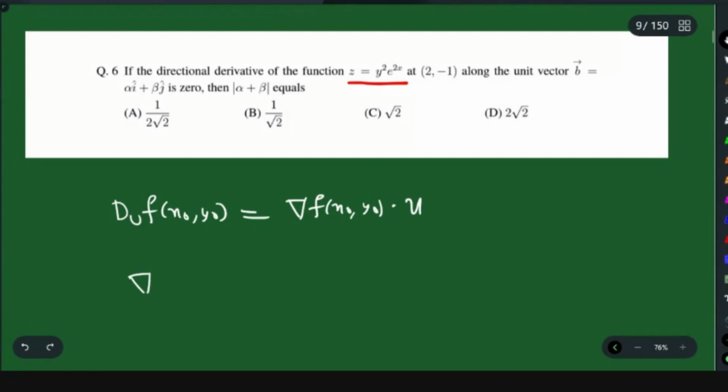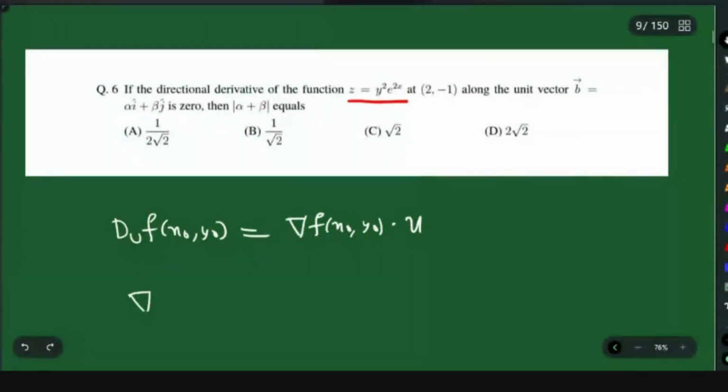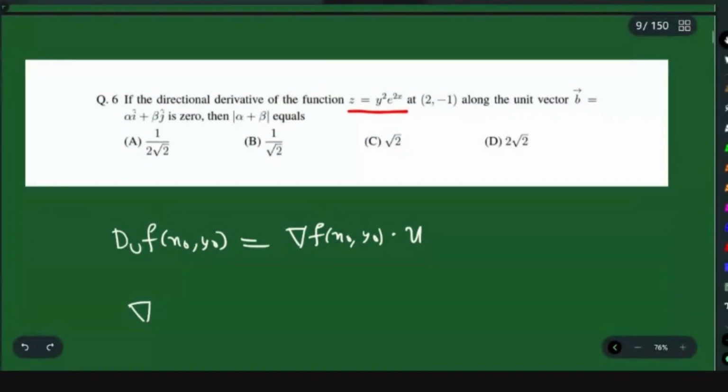So let me write the del f. Del f of (2, minus 1) you have to find.